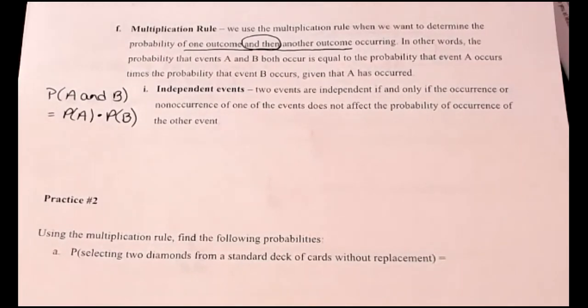Under this idea, we have something called independent events, and you'll know that two events are independent if and only if the occurrence or non-occurrence of one of the events does not affect the probability of occurrence of the other event. Here's what I mean by that.